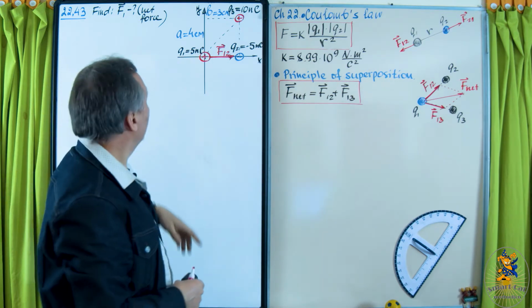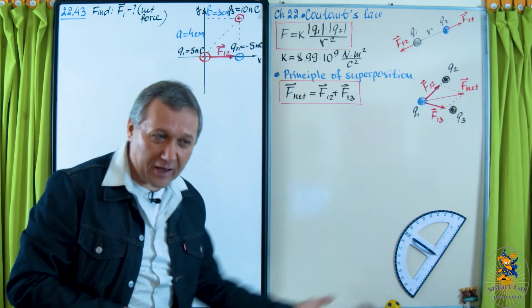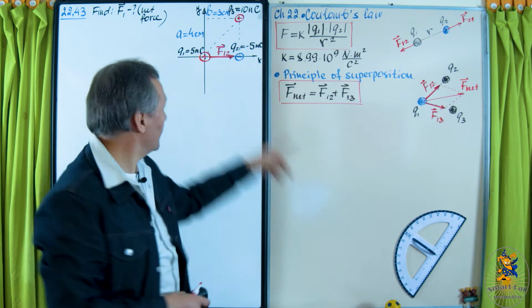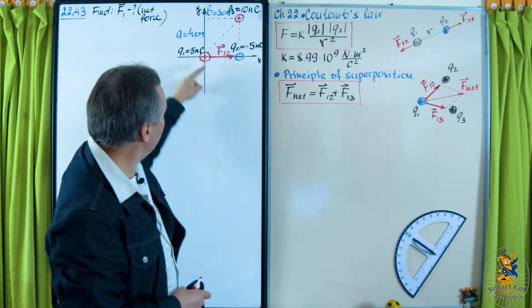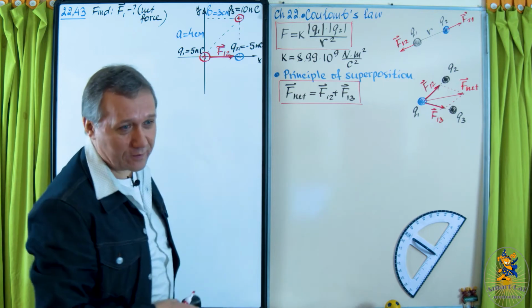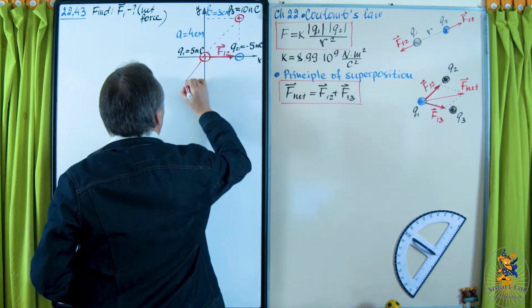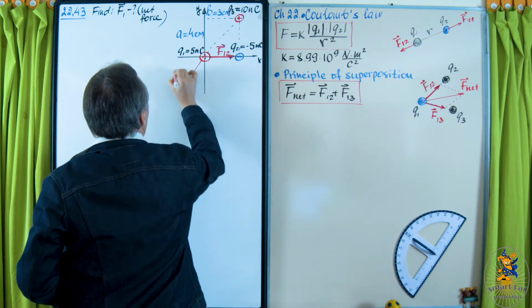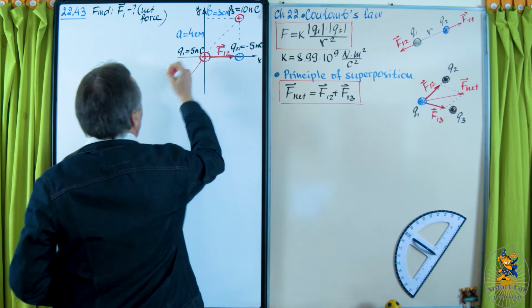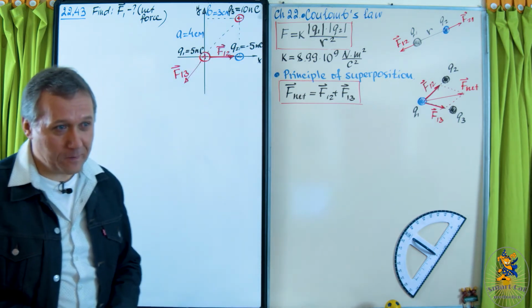Then this positive charge and that positive charge. Of course, like charges repel. So this charge will be repelled by that one, and as a result, the force will be drawn this way. I will label it as F13 because it's a force between charges 1 and 3.